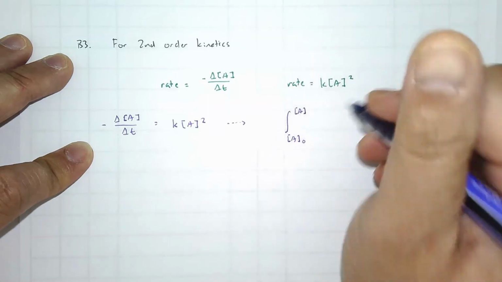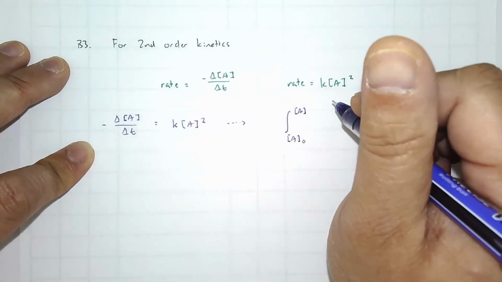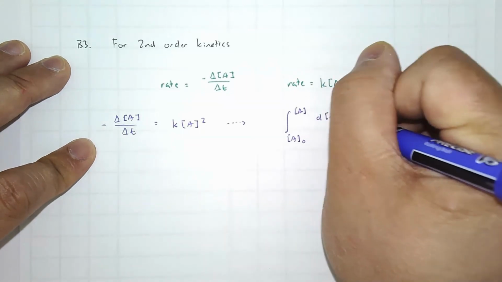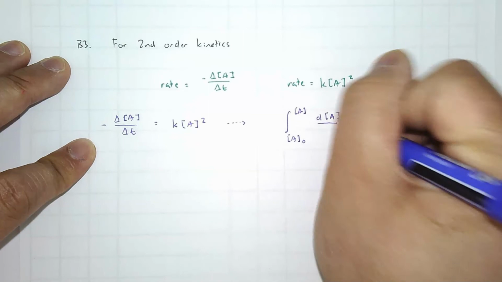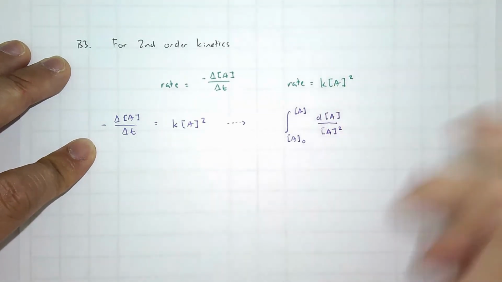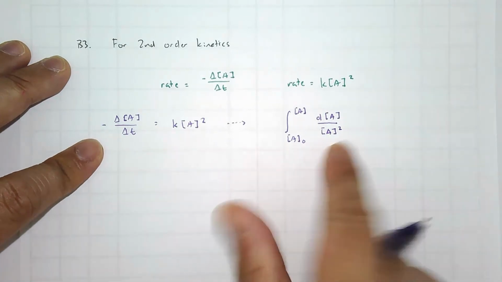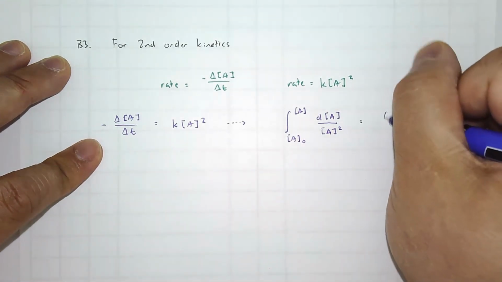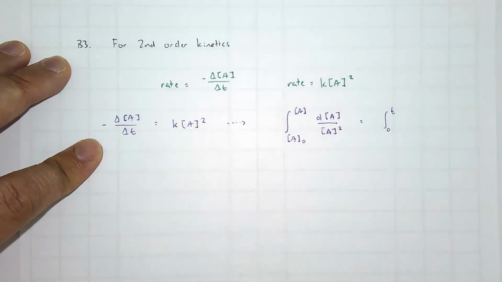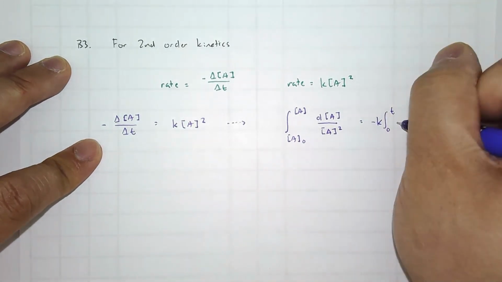I'm going too fast, you're definitely free to pause. So this is where it gets a little bit tricky. Well, for me, math was always tricky, but this is especially tricky. We're going to bring the A squared to the other side, integrating from 0 to t. Oops, I forgot, this is negative k dt.